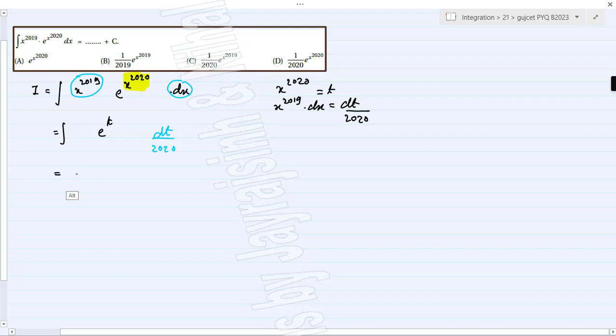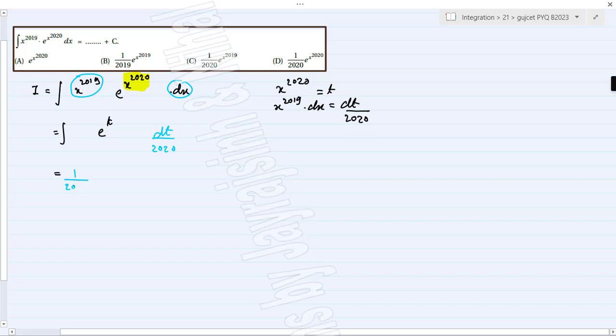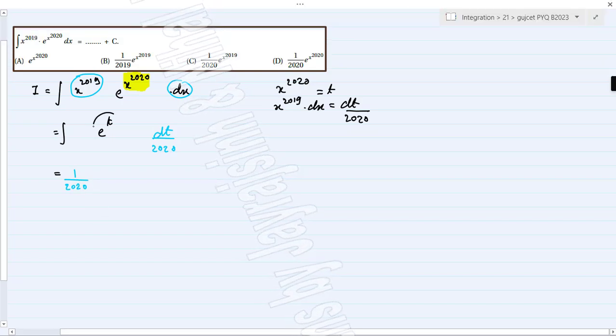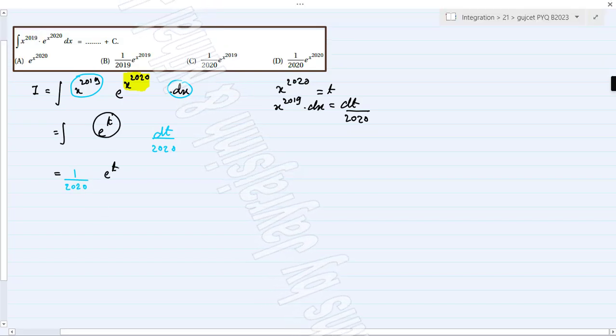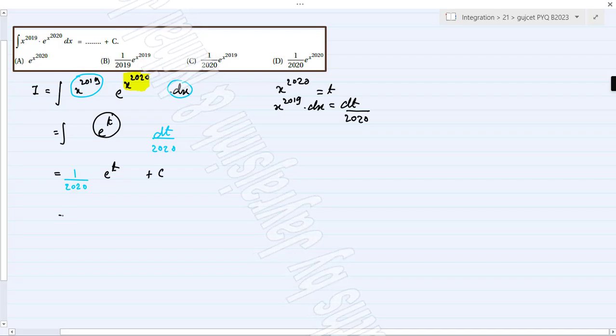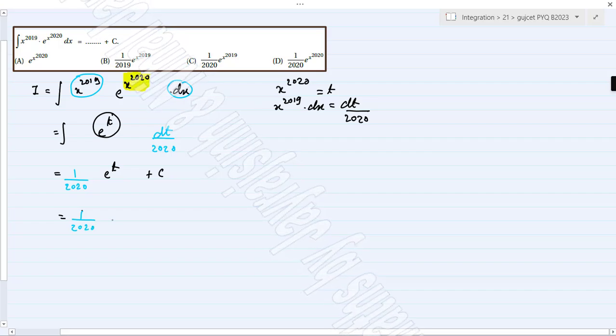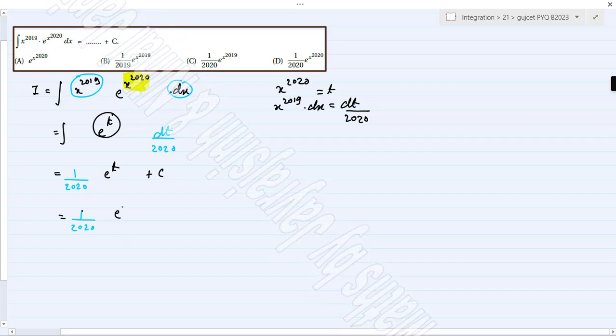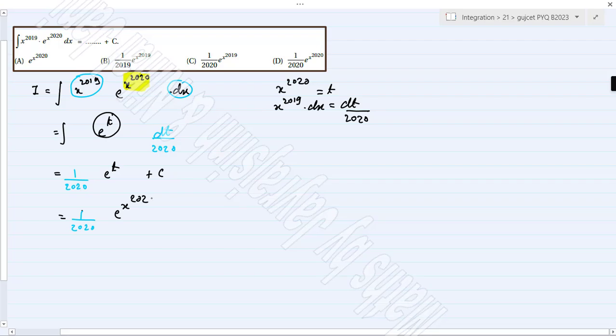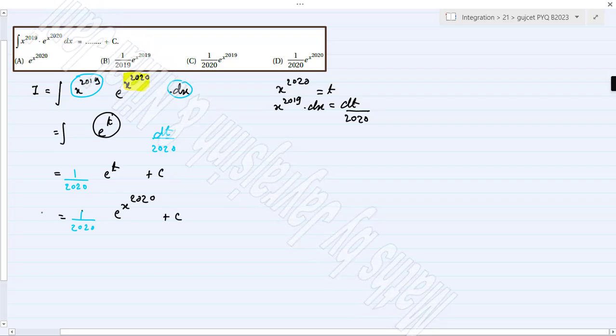So we don't have to worry about this 1 upon 2020, it's a constant. Just integrate e raised to t, which is e raised to t plus c, and to get the final answer, substitute the value of t, which is e raised to x raised to 2020 plus c.